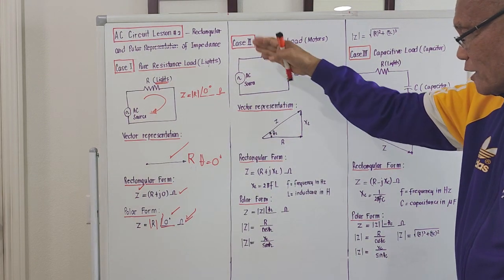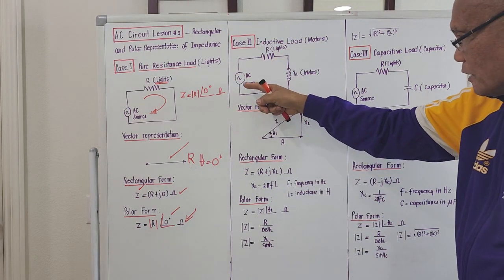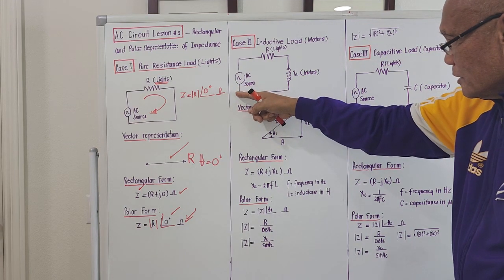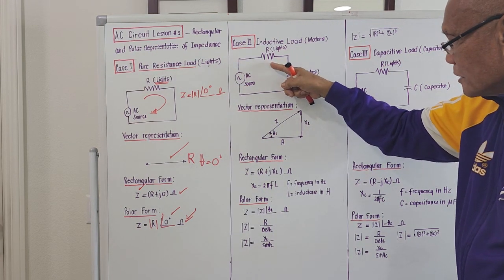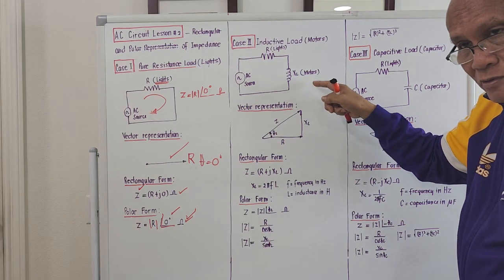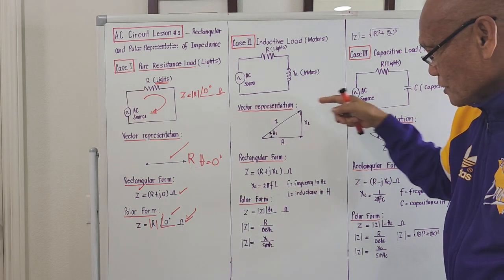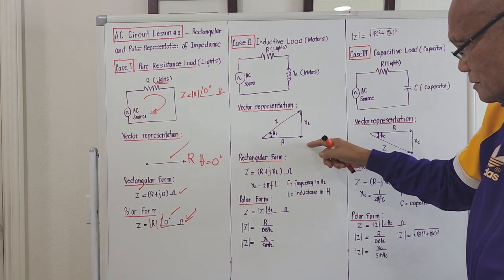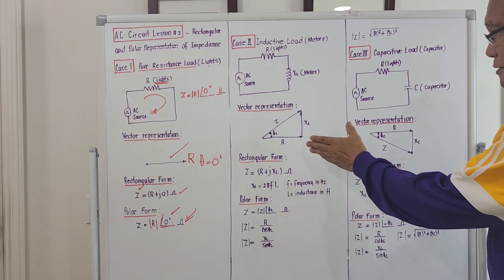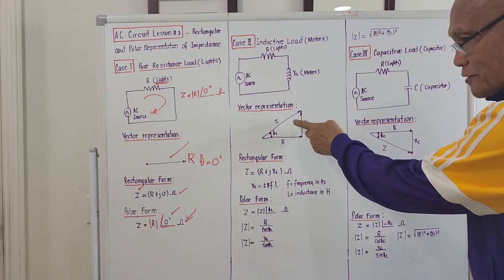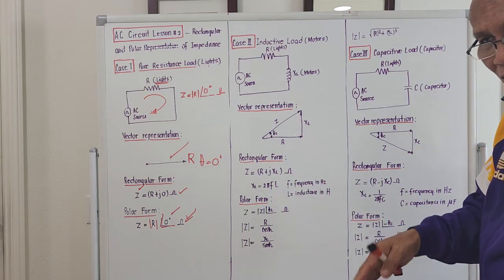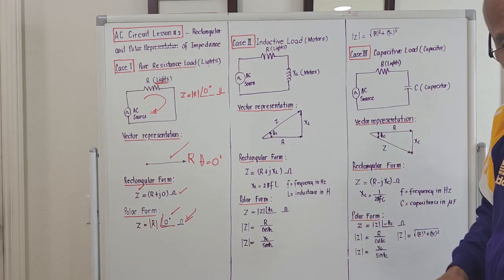So if we try to bring out the diagram, it will be this: an AC source in series with the lights, in series with the motor load. Okay? And the vector representation of the impedance will be this. There is now the so-called right triangle. So this is now an application of trigonometry.